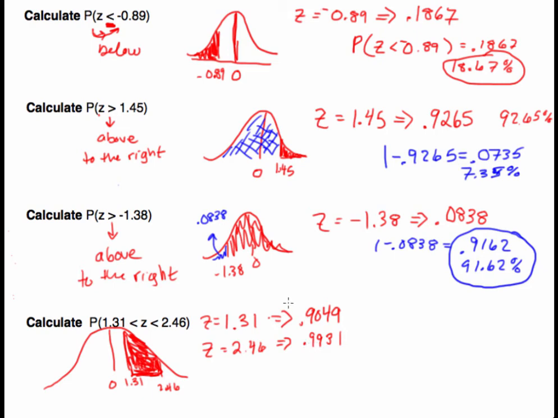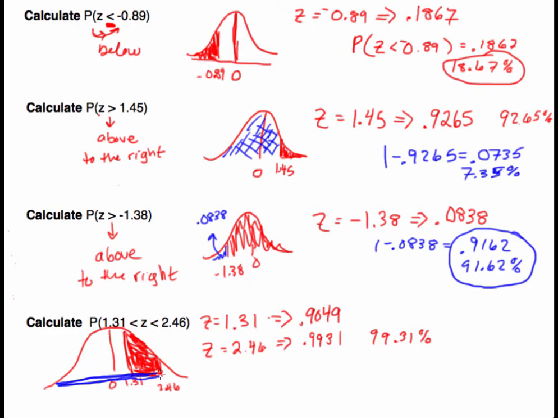So what this is telling me is that 99.31%, if I convert this to a percent, lies below, all the way from 2.46 down here. I'm going to change colors here, and underneath I'm going to mark what that gives me. Everything below 2.46 is all of this.